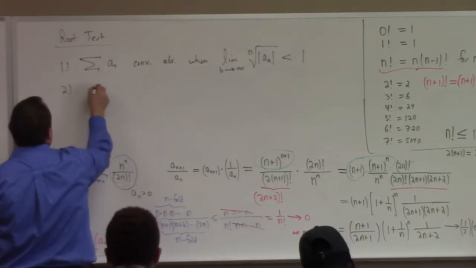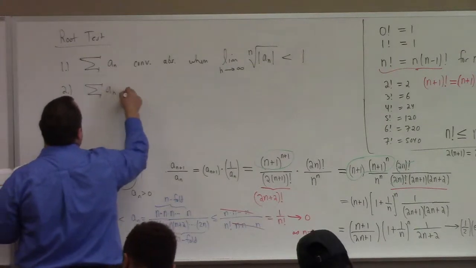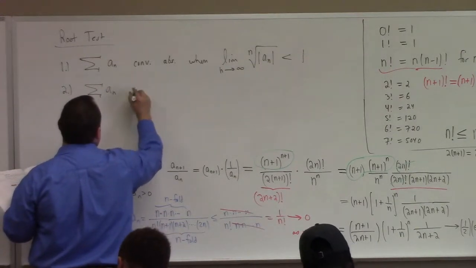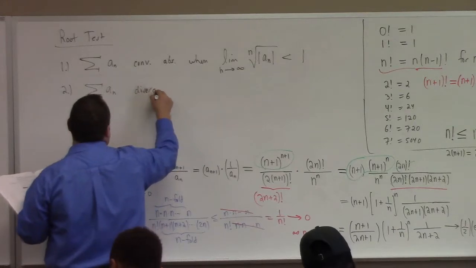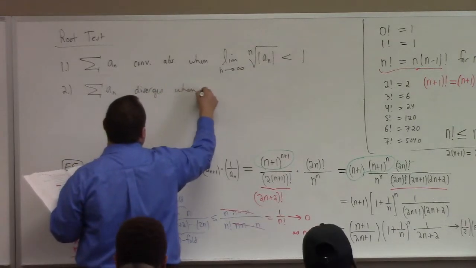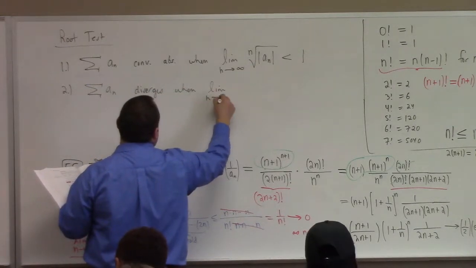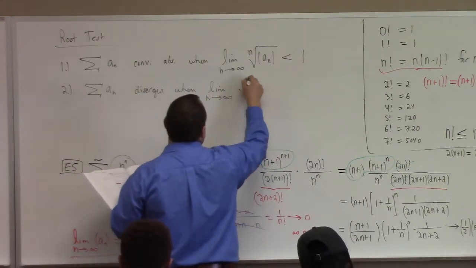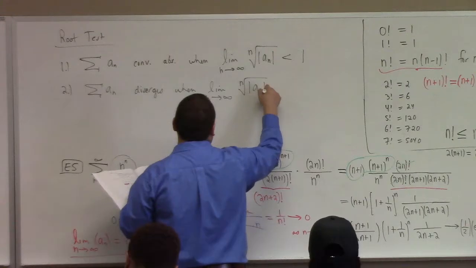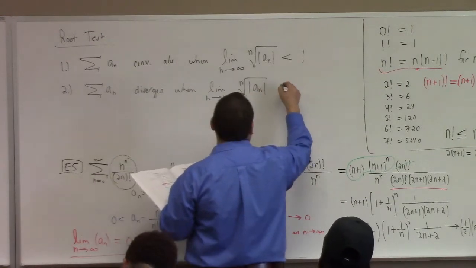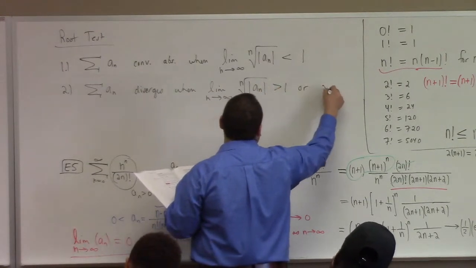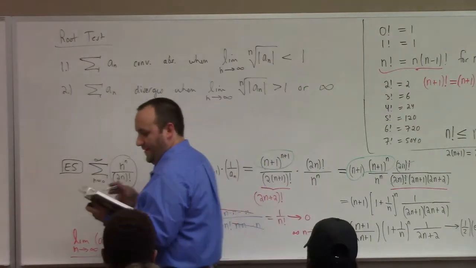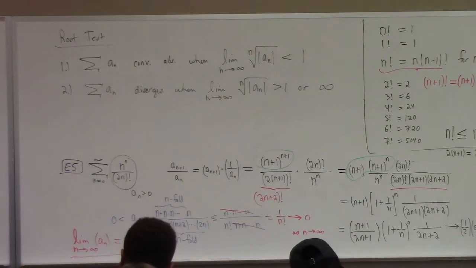And number two, a sub n diverges when the limit as n goes to infinity of the nth root of the absolute value of a sub n is greater than 1 or infinity. And guess what? When it's 1, it's inconclusive.